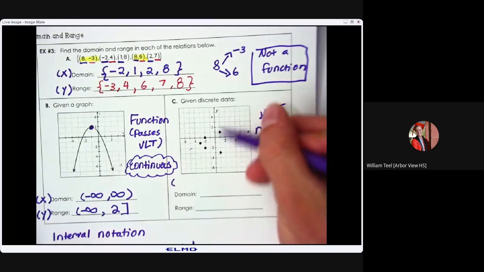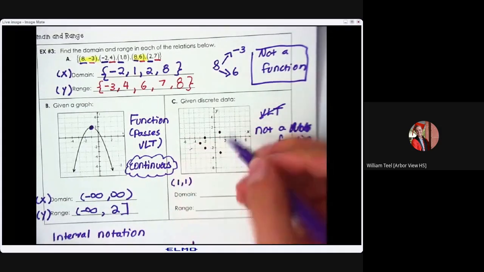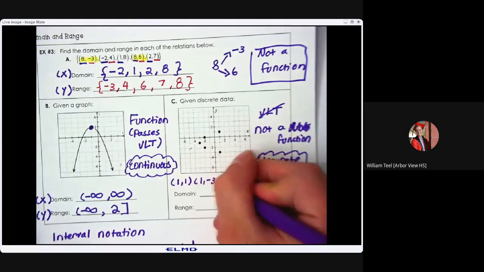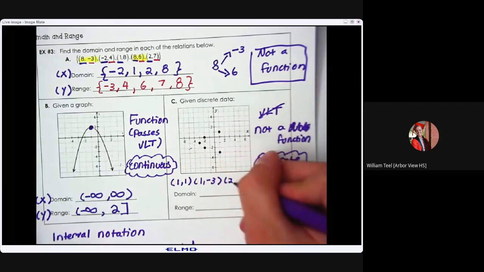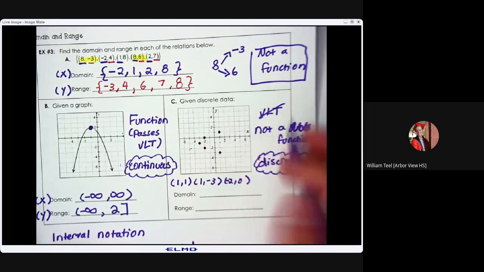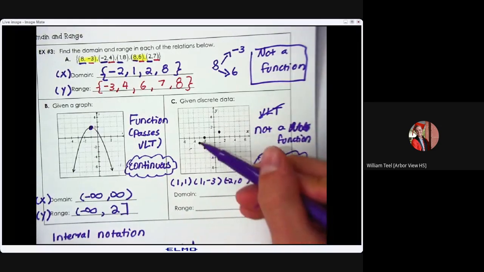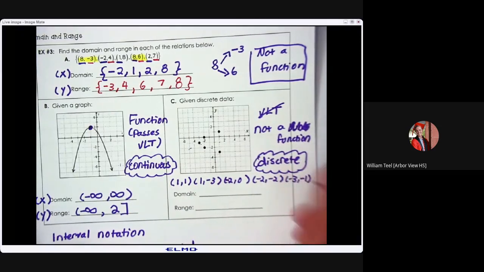So if I look at this point right here, that's going to be (1, 1). And then I also have (1, -3). Then if I look at these points right here, I have (-2, 0) and also (-2, -2). And finally, my vertex right here is going to be (-3, -1). And these are all of my ordered pairs.